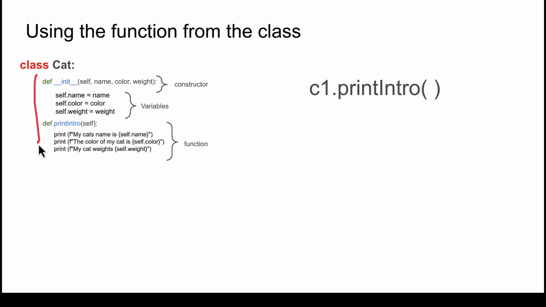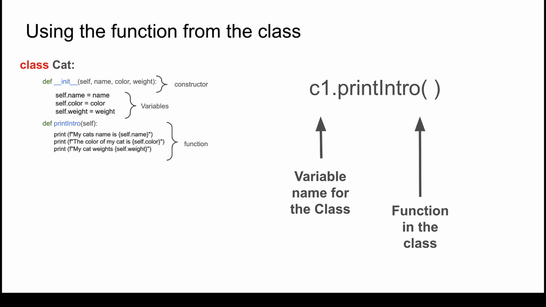So now we have our variable that we establish here, and when we do something like variable dot print intro, open close paren, it is going to execute all that particular code. So again, that's the variable name, and that's going to be the function that is inside the class.